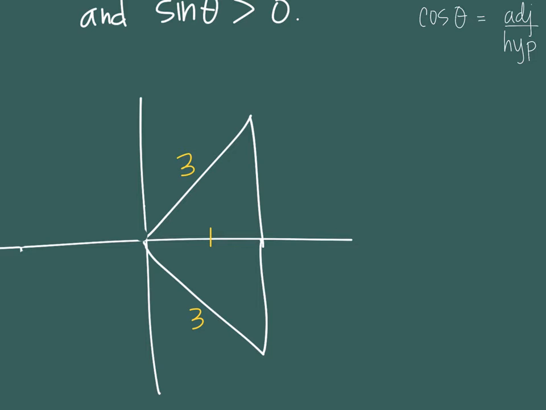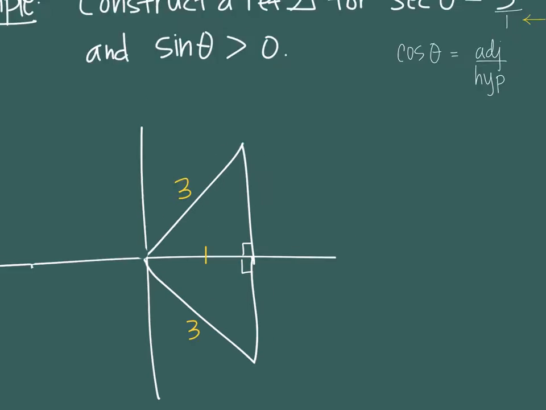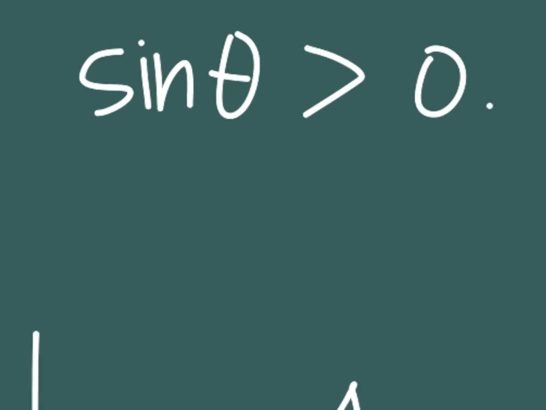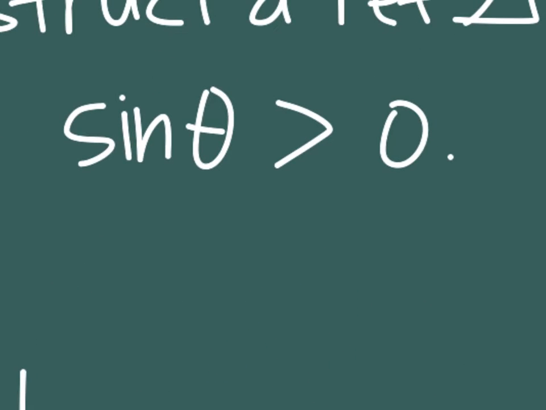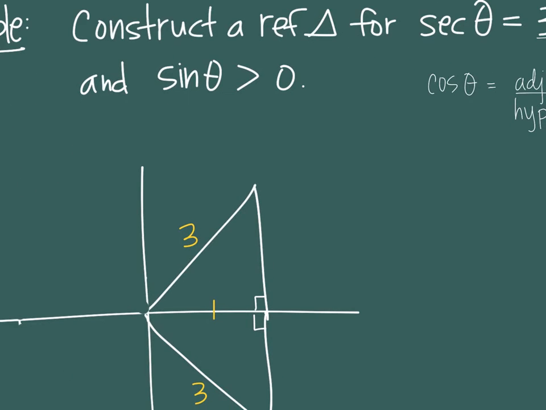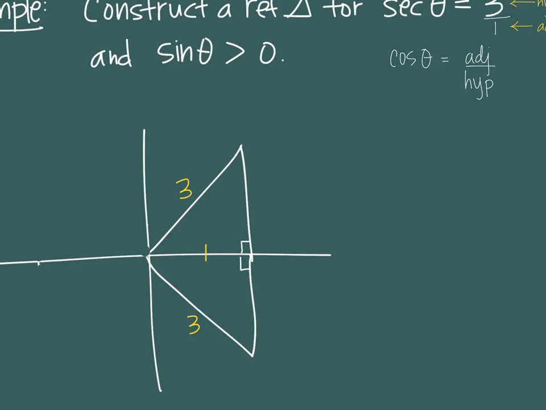So now I just have to make my final choice of which reference triangle is correct. And I lose my last clue, which is that sine is positive. And because it's positive, then I can't be in quadrant 4 either, because quadrant 4 has parts that are negative. So I eliminate quadrant 4. So that gets me down to, there's my reference triangle.